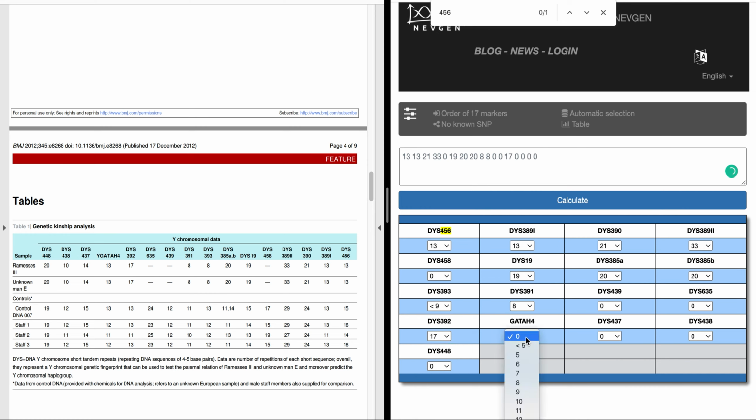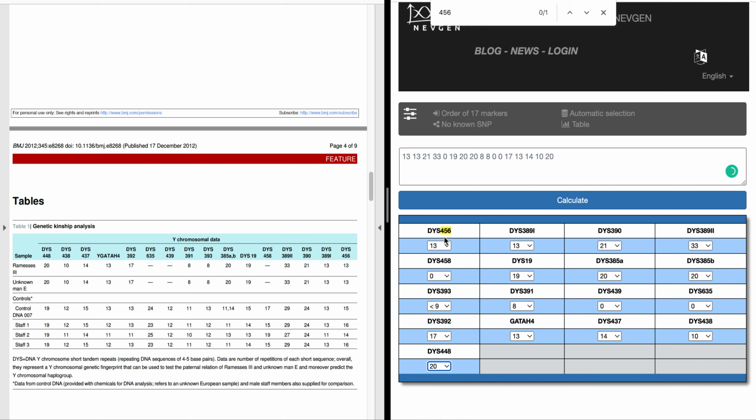5, 4, 13. 4, 3, 7, 14. 4, 3, 8, 10. 4, 4, 8, 20.